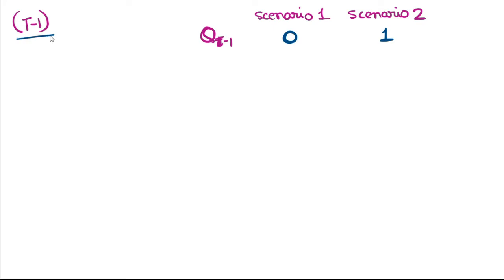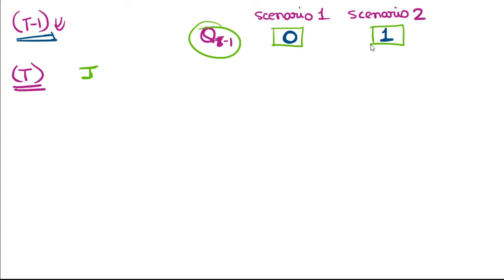This is tick t minus 1. Now this is past actually. Now let's discuss tick t, the current tick. Again, whether we want to continue with this value or not depends on the values of j and k.